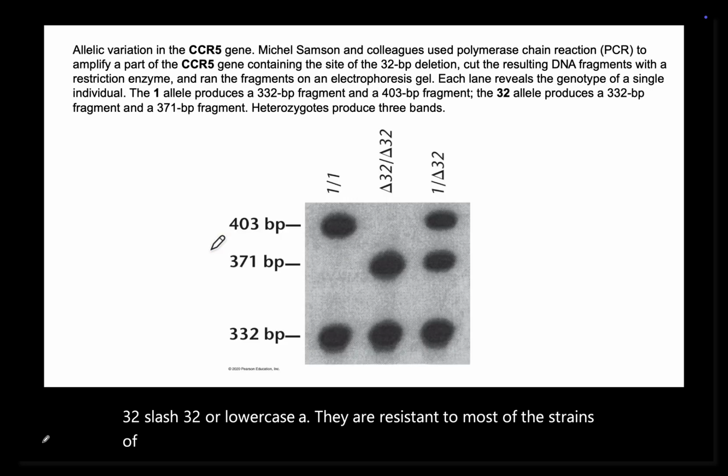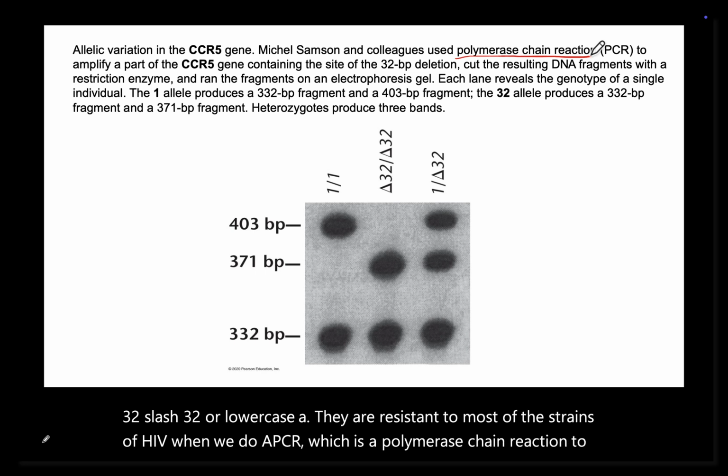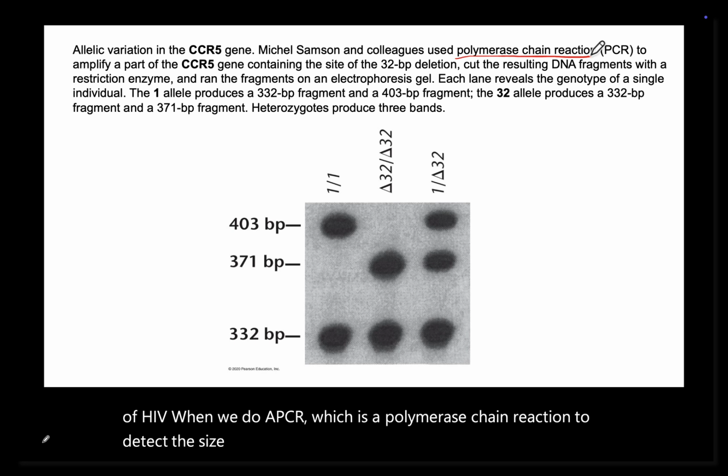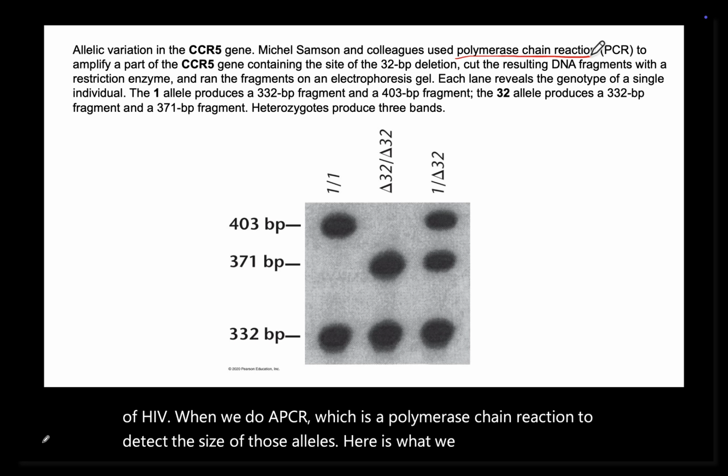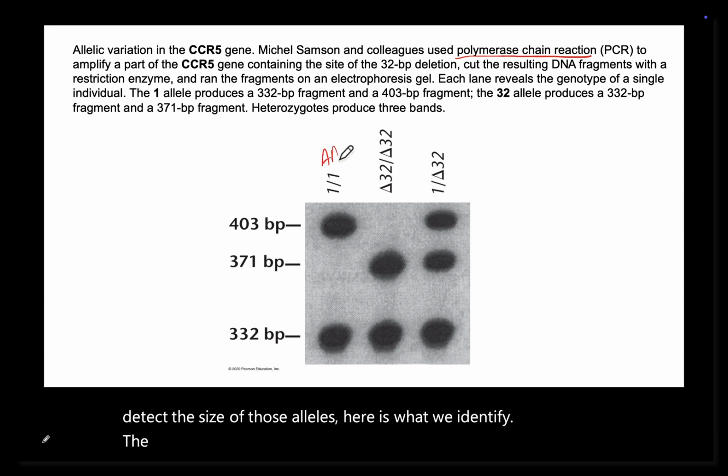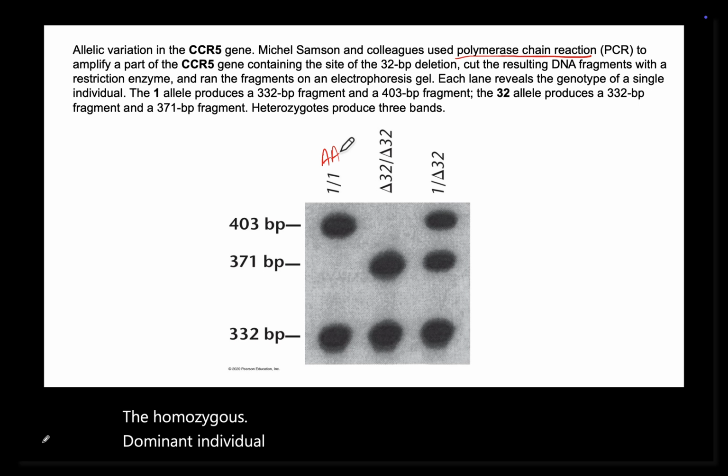When we do a PCR, which is a polymerase chain reaction to detect the size of those alleles, here is what we identify. The homozygous dominant individual produces the two fragments of DNA.